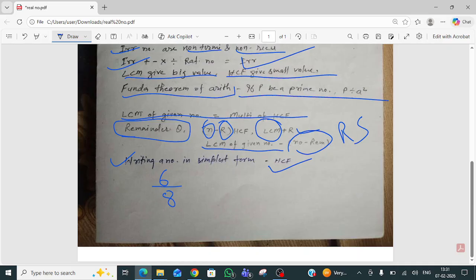And then after that, classes will be there for clearing the doubts of R.S. Agarwal and PYQ. Thank you.